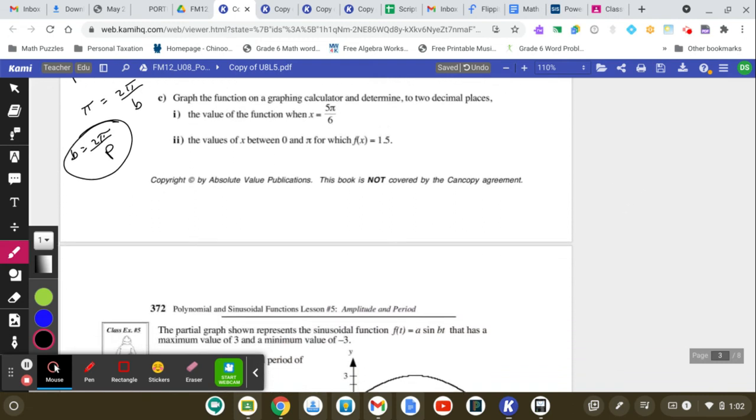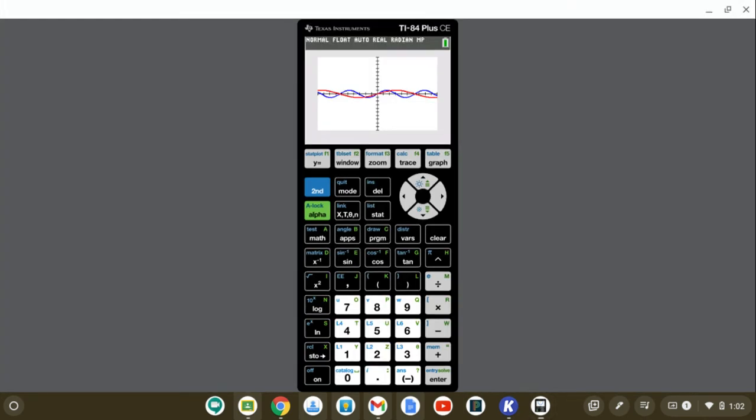Letter C, ready? Graph the function we just created, y equals 3 sine 2x, on a calculator, and determine to 2 decimal places the value of the function when x is equal to 5 pi over 6. So take your calculators and type that function in. Clear all others.